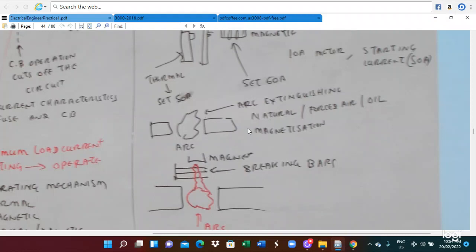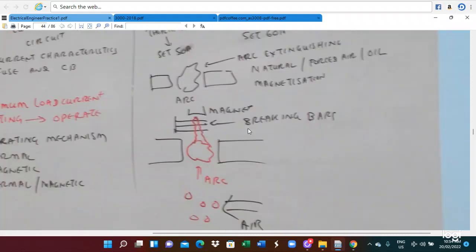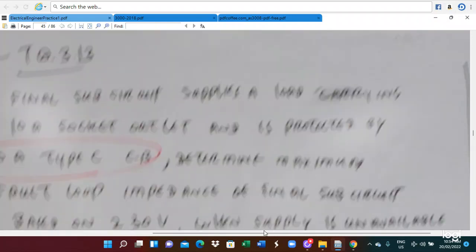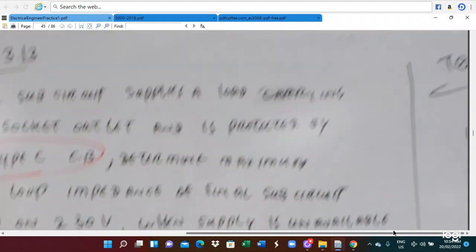For a small circuit breaker, we utilize magnetization. The magnetization attracts the electric arc, the arc is cut into pieces by this bar, and then air is blown to extinguish it. This is the way we make the protection.